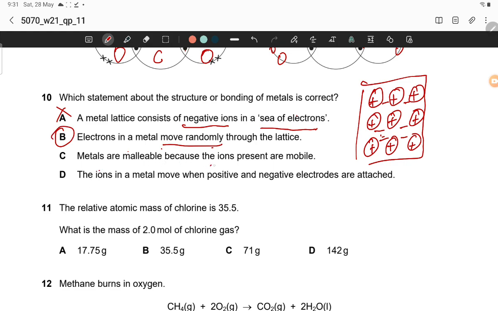Metals are malleable because the ions present are mobile. Ions are not mobile. Positive ions stay in position, so this is incorrect. The ions in a metal move when positive and negative electrodes are attached. No, ions do not move.